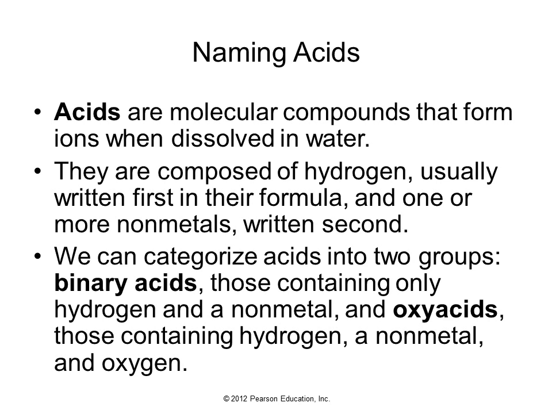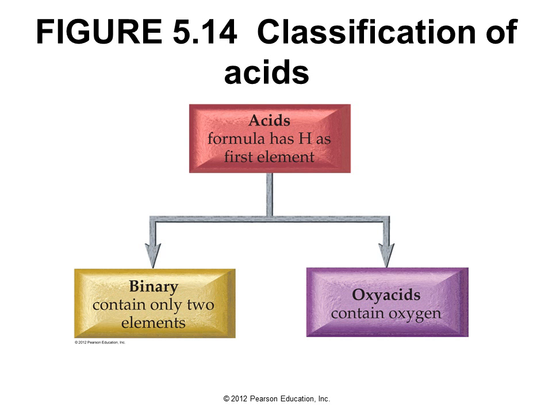We have binary acids, that's hydrogen and some nonmetal, or oxyacids, that's hydrogen and some polyatomic anion containing oxygen. How do we classify acids? Their formula has hydrogen as its first element. It may be binary, containing 2 elements, hydrogen and a nonmetal, or it contains hydrogen and a polyatomic anion with oxygen.